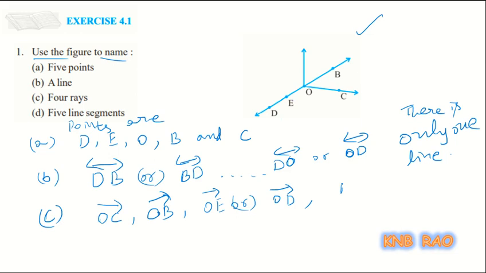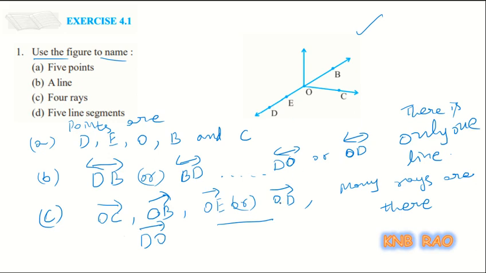Here many rays are there. You can name any 4. Okay, one more, if I name here OE and OD, representing the same ray. So, that is why I have written for those 2 as one, and one more ray I can say is DO, ray DO.